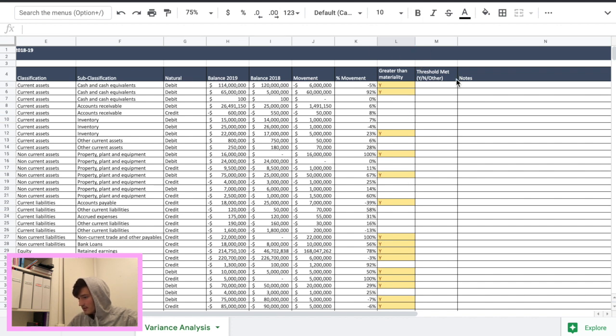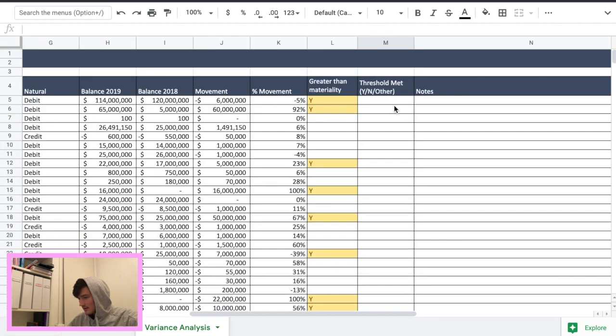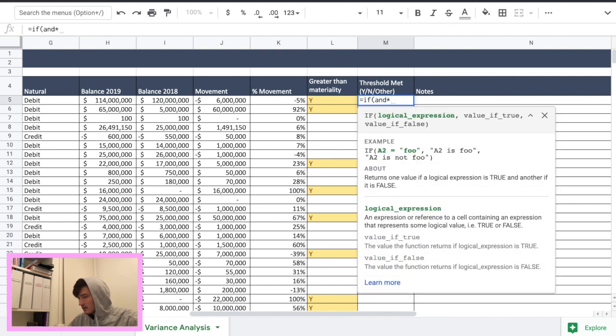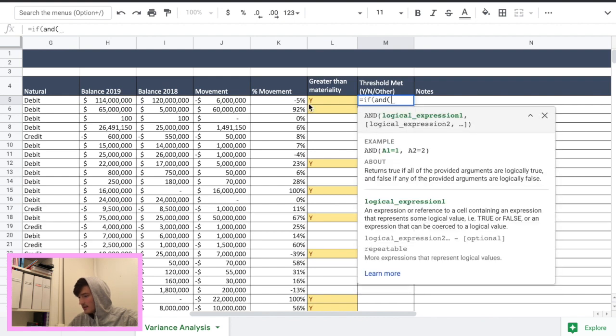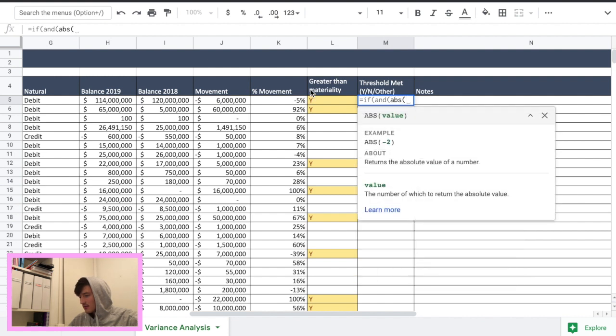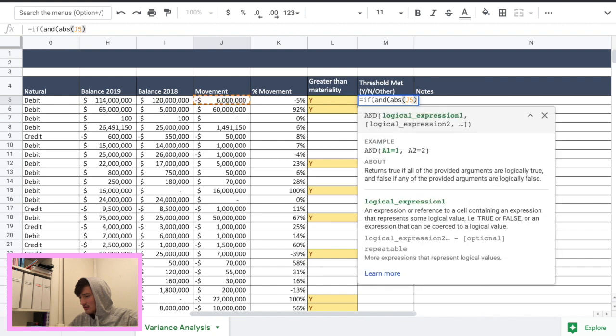Now we have to go on to the next column, and the way I understood it was that we need the movement and the percentage to match up. So I'm going to use the if and formula. Okay, they're in negative, so I'm going to use the absolute value of this number larger than 2.7 million.